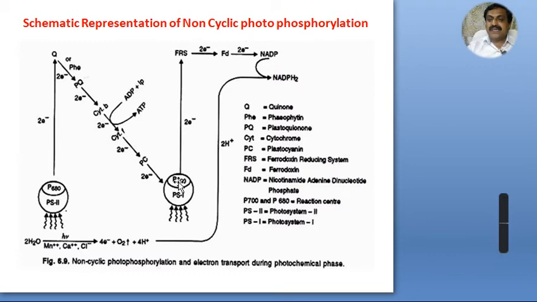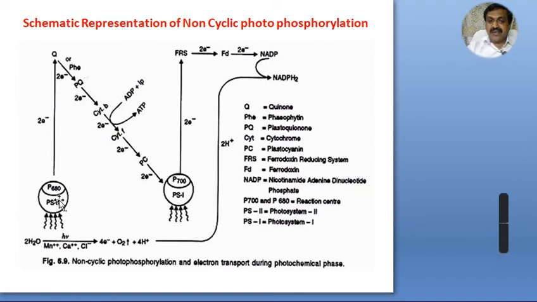At the same time, there is entry of another chlorophyll A molecule called photosystem 2, where the reaction center is P680. Even this chlorophyll is supplied with energy in the form of photons. Look at the arrow, the bundle of light rays. After getting energy, this P680, this PS2, gets excited, goes to an excited level.